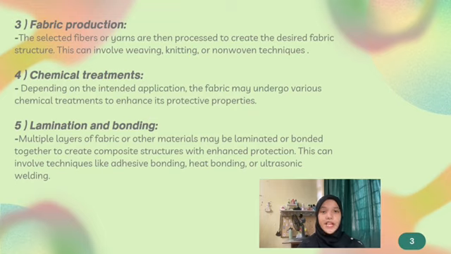Next, we have lamination and bonding. In some cases, multiple layers of fabric or other materials may be laminated or bonded together to create composite structure with enhanced protection. This can involve techniques like adhesive bonding, heat bonding, and also ultrasonic welding.